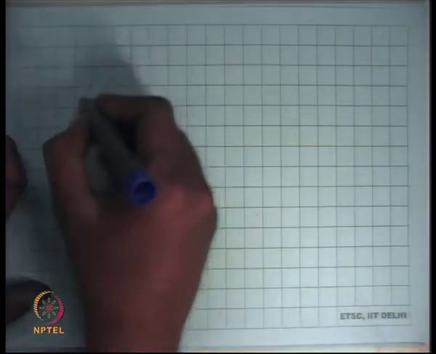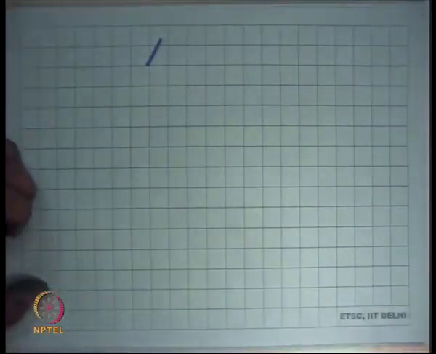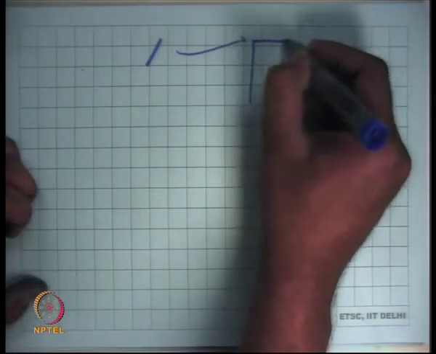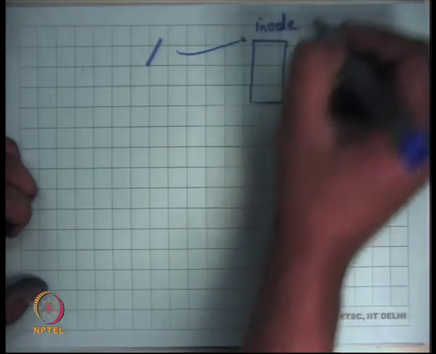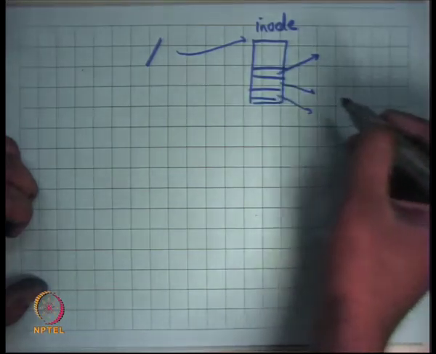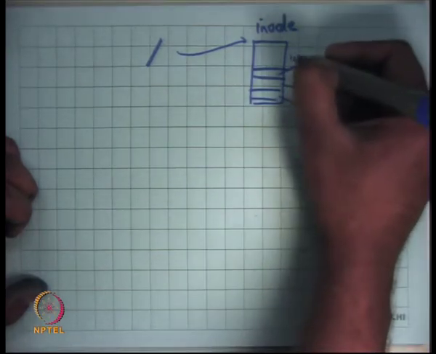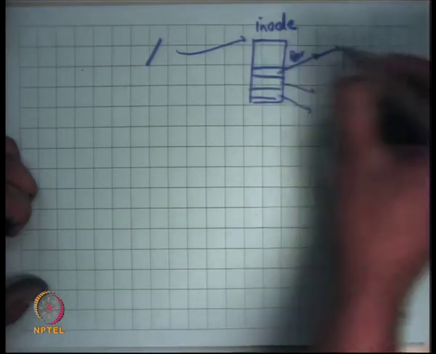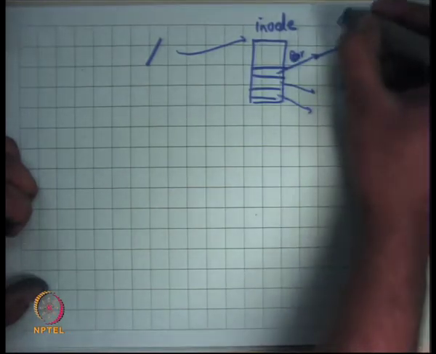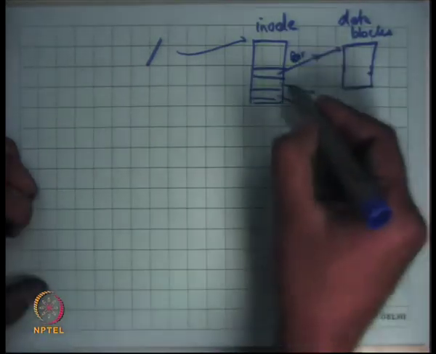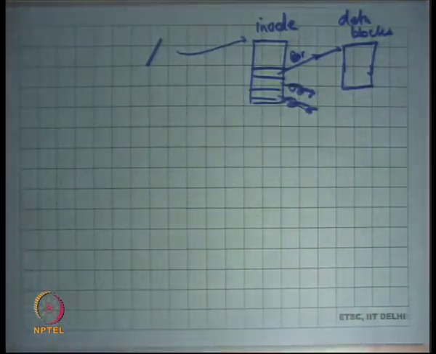So if I were to draw a diagram, let's say this is slash, the root directory, that points to an inode. And the name can be, let's say, slash user, pointing to another inode. Oh, sorry, so the inodes themselves point to data blocks, right? Let's say the slash directory has only 10 files, and the 10 files can fit in one data block.